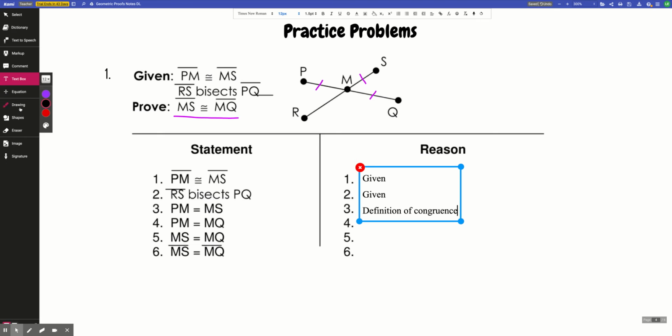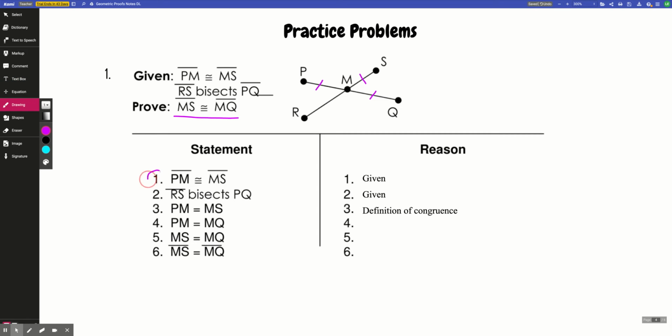So essentially what we did here is we took step 1 and converted it from congruent to equal. So how we were able to arrive at step 3 was through this definition of congruence.